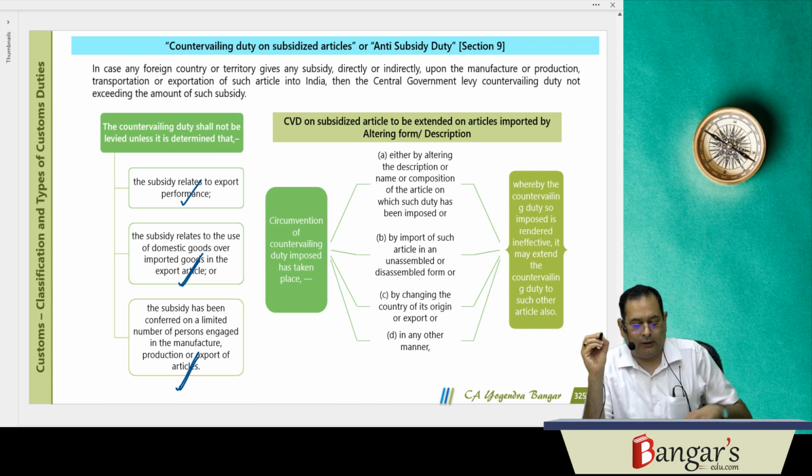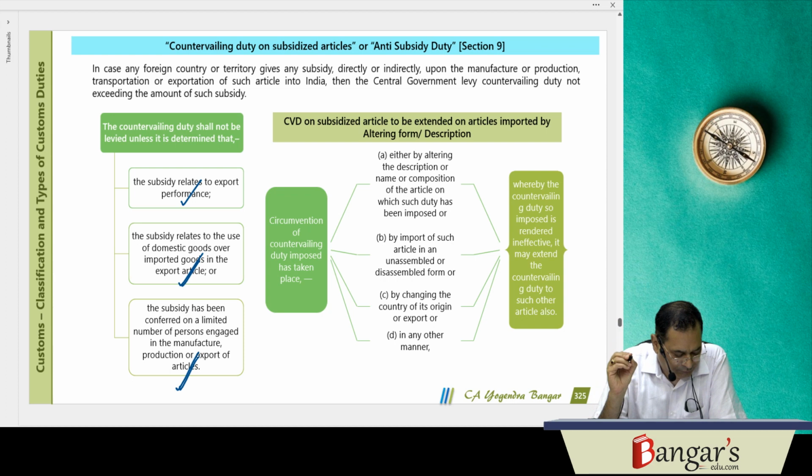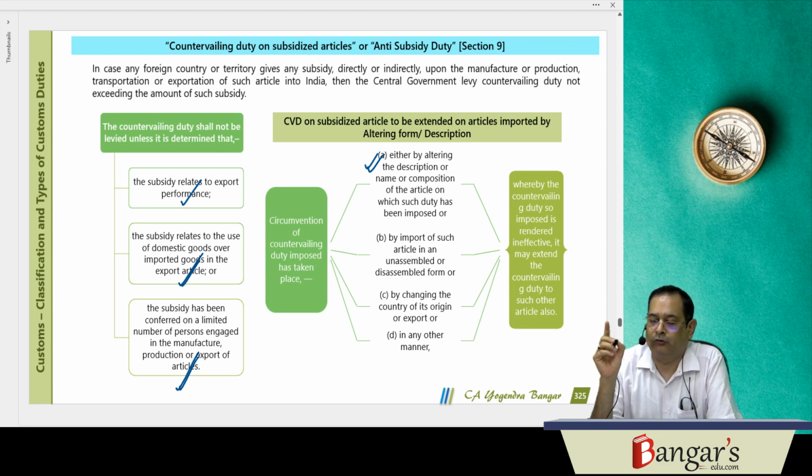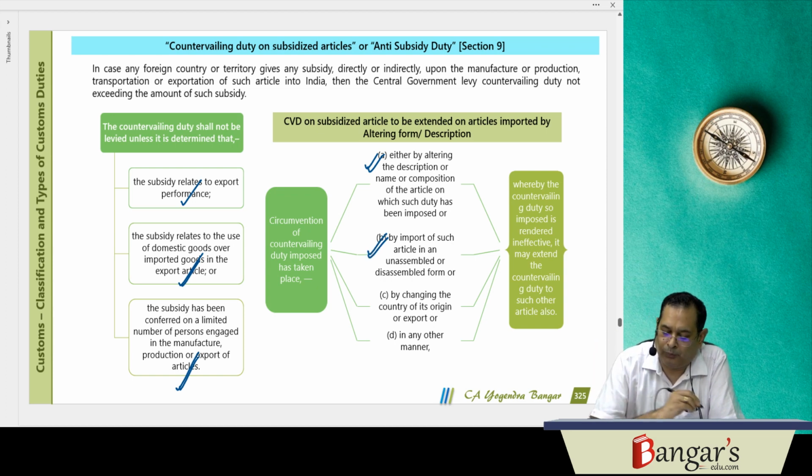Now further they say that in case circumvention or evasion of countervailing duty has taken place, either by altering the description, name or composition of the article on which such duty has been imposed, or the article has been imported in unassembled or disassembled form, or they have changed the country of origin or export.